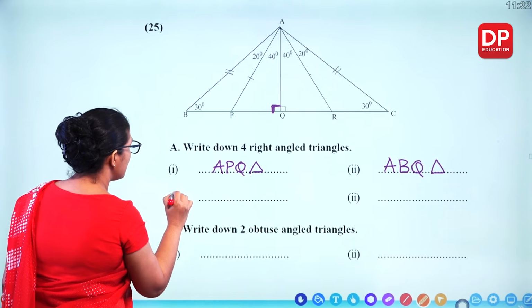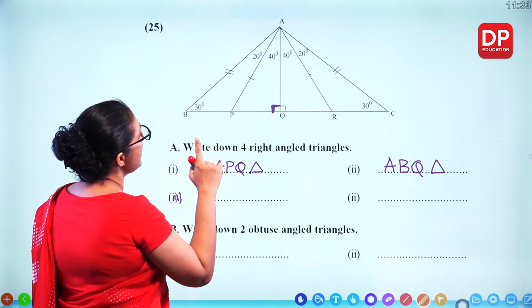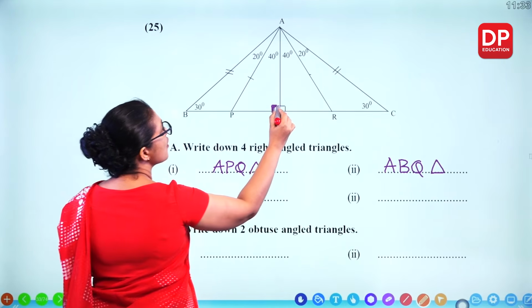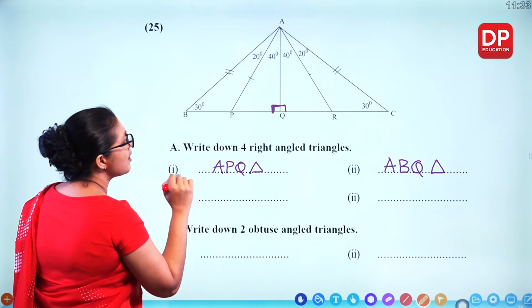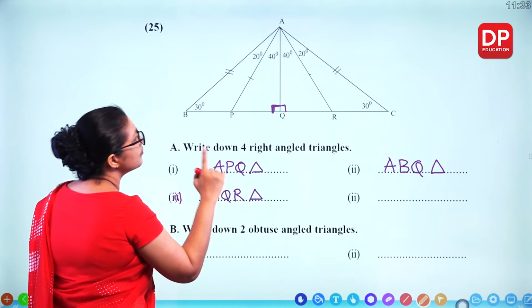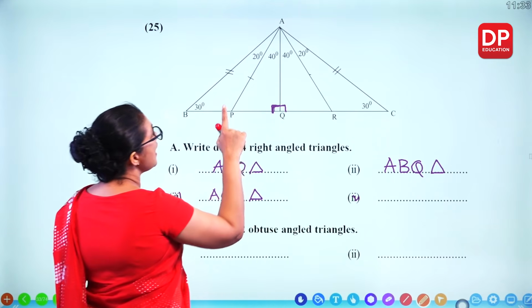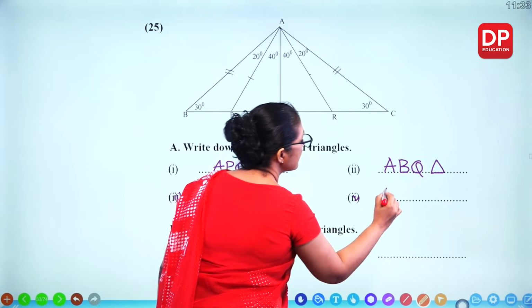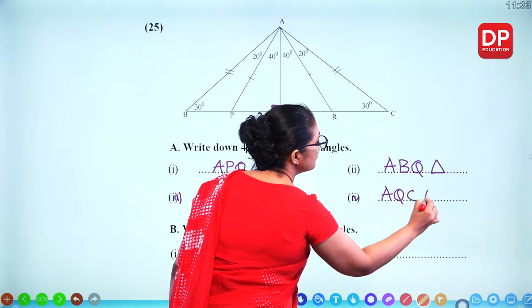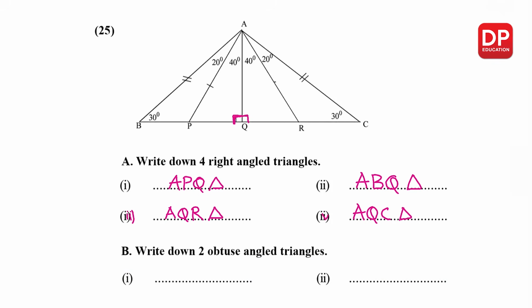I'll write down the third one here. Other side. AQR, because this is 90 degrees. AQR triangle. And the fourth one, I can write AQC triangle. So those are the right angle triangles.